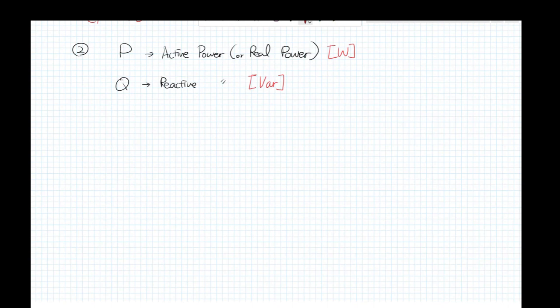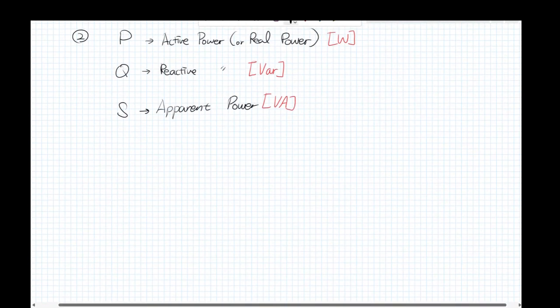And the last one is S, the apparent power. Okay. So the unit is VA. Okay. All right.